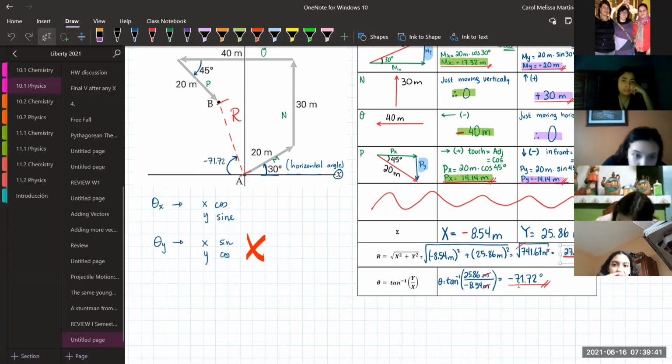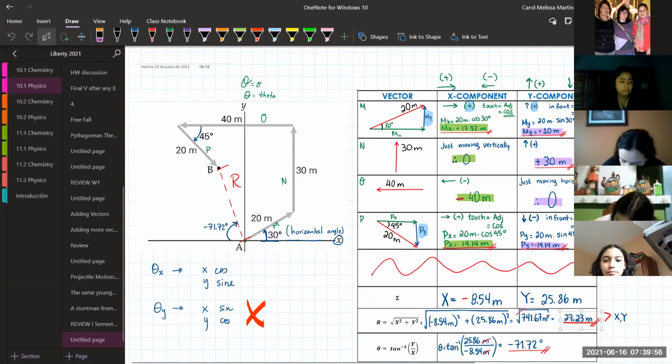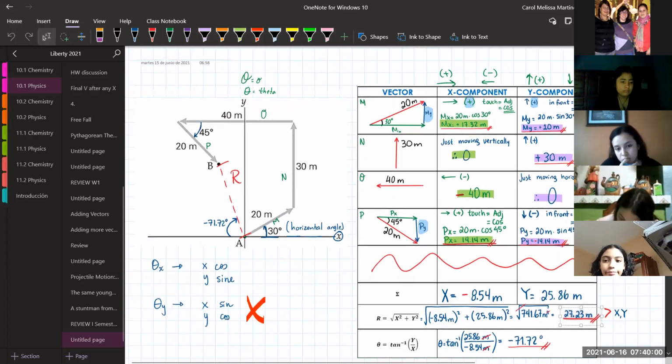The reason why the angle is negative is because it's going clockwise. That's what the negative in the angle means. Now, I'm not going to ask you to draw the resultant, but next year you will do it, because next year you again see vectors.